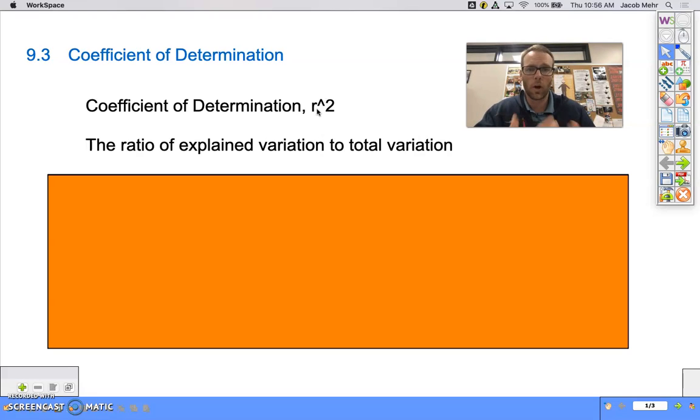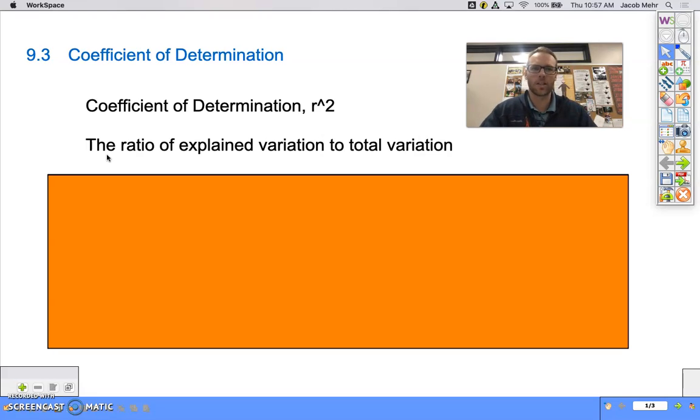We're familiar with r being the correlation coefficient. When we square that, we get something called the coefficient of determination, which is the ratio of the explained variation to the total variation. So what it does is it looks at the points that we have, it looks at our regression line, and it looks at what our predictions, our y-hats, are.